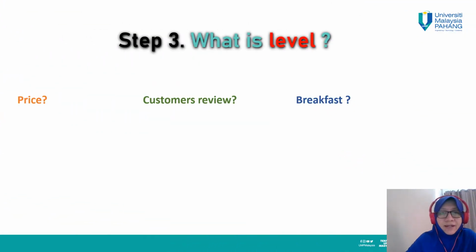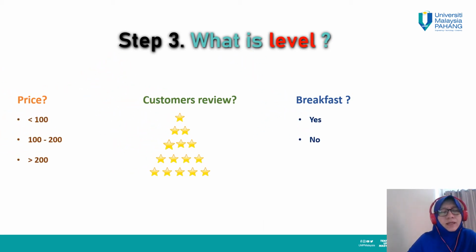Then the next step is to determine the level for each criteria. Once you have determined the criteria, the decision maker needs to specify the level for each criteria that they have. For example, we will categorize the price as less than 100, 100 to 200, and more than 200.